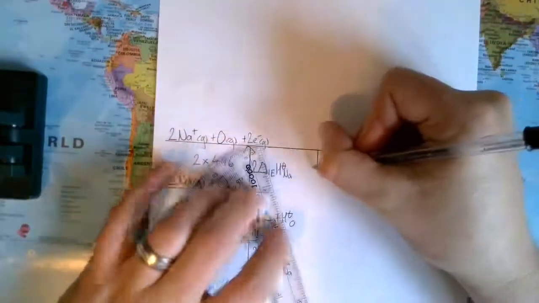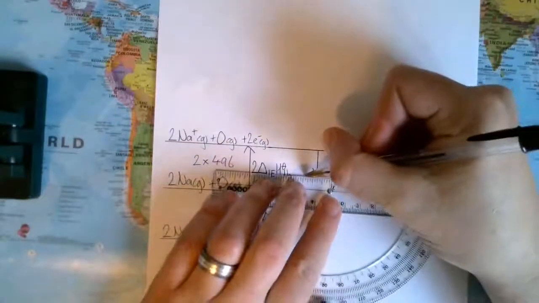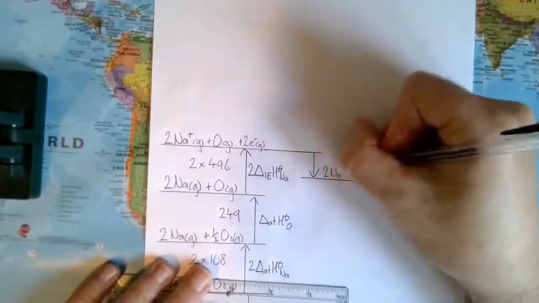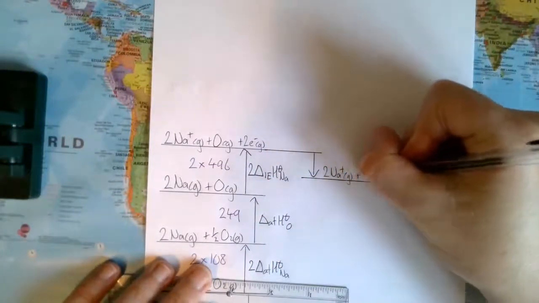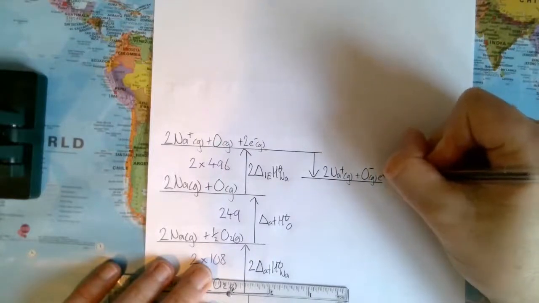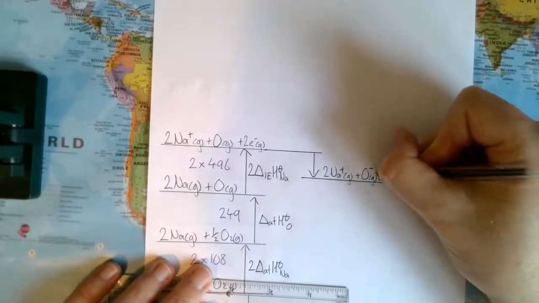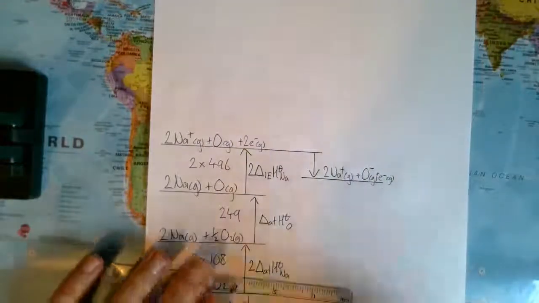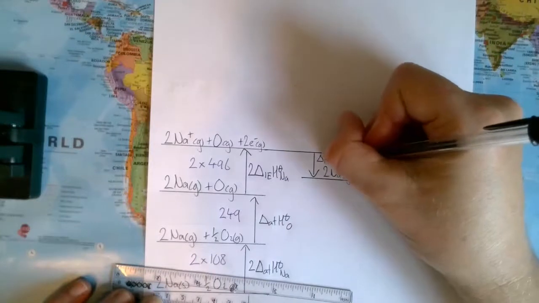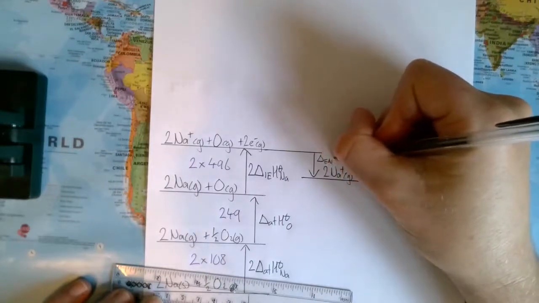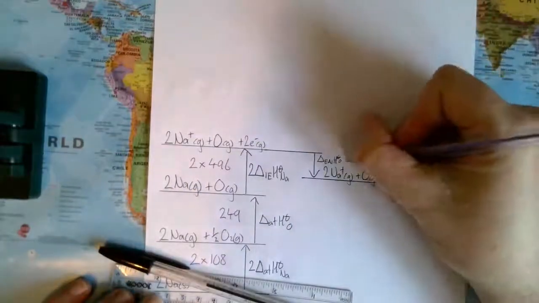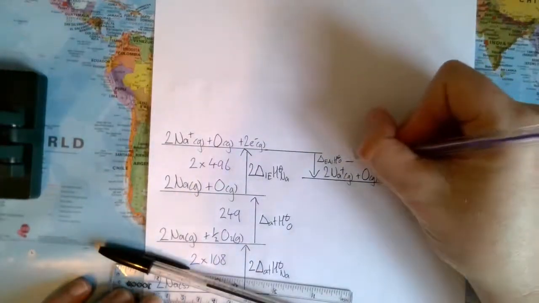So actually we have to come back down. And so what we will end up with is our 2 sodium plus ions, we've now got an O minus ion, and 1 more electron. So this is the enthalpy change of electron affinity number 1 for oxygen, and it was minus 141.